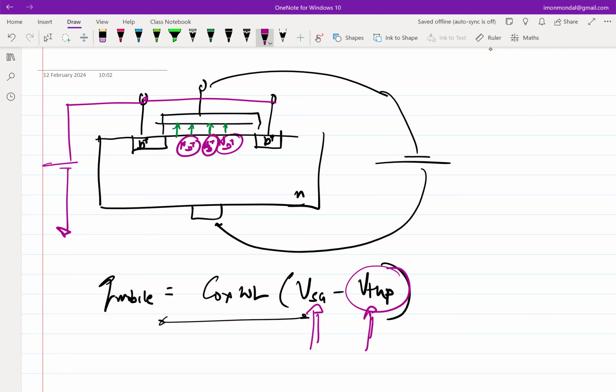That's correct. So we can in fact say that immobile charges is equal to Cox times W times L times threshold voltage, right? That is an approximate back of the hand calculation, and it's not very bad, right? His point is that mobile charges are getting generated continuously.